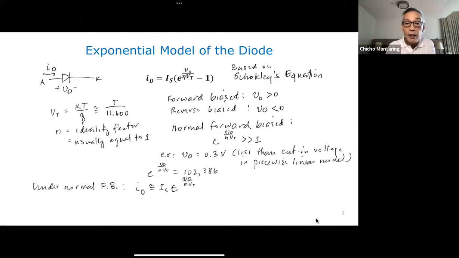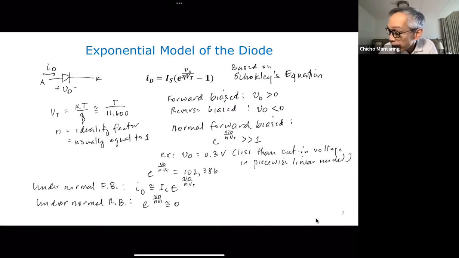On the other hand, under usual reverse bias, because usually when you reverse bias a diode, you reverse bias it by a few volts. So under normal reverse bias, okay, e to the Vd over nVt is approximately equal to 0.